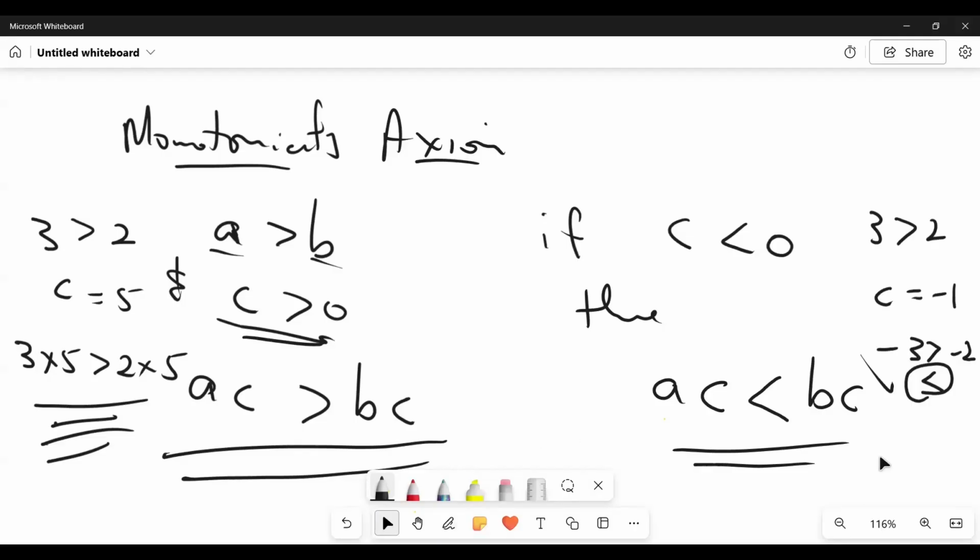And it is for that reason that if you have an inequality, let me do 1 minus x less than 5.